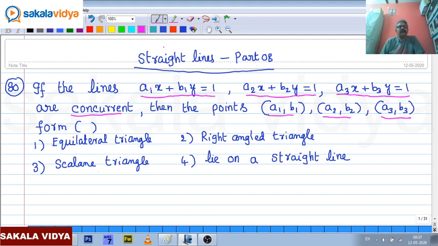So that means these three lines are concurrent. Then what do these points form? That we need to find out.